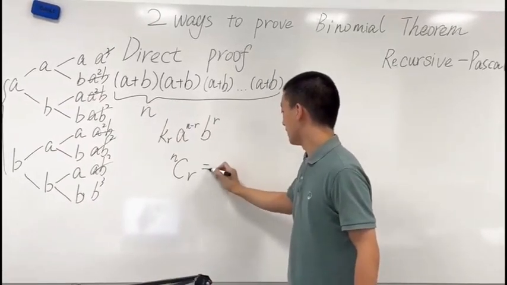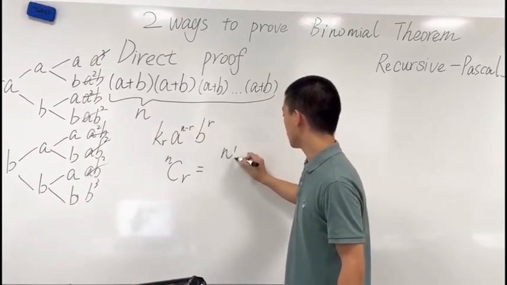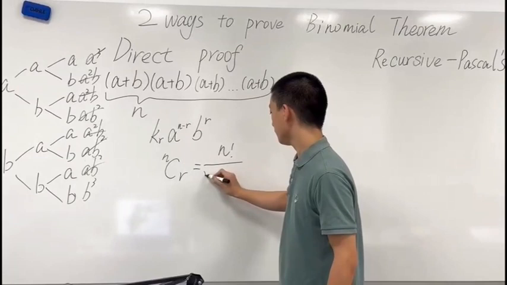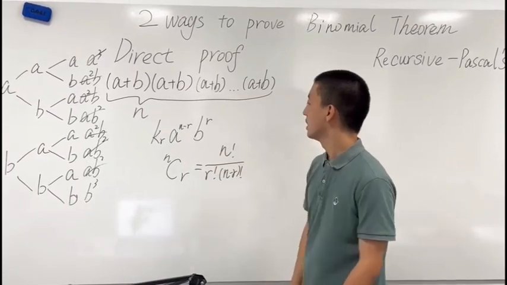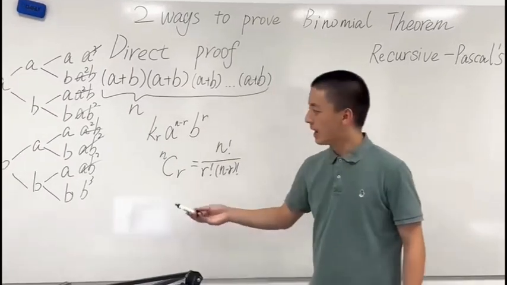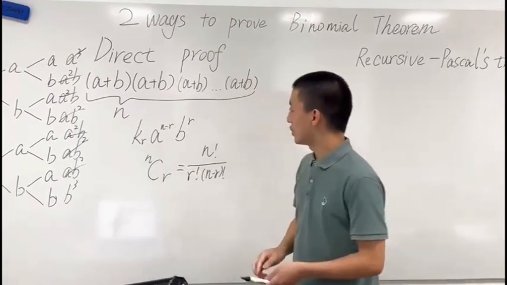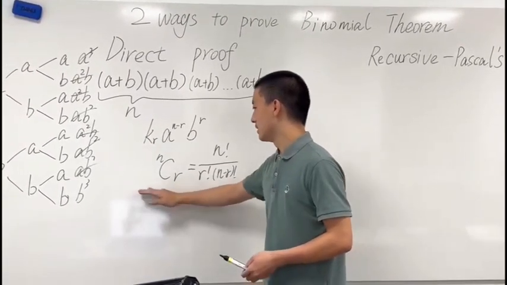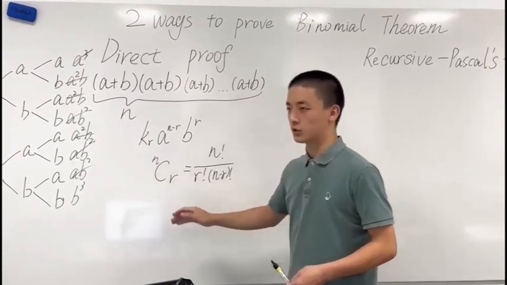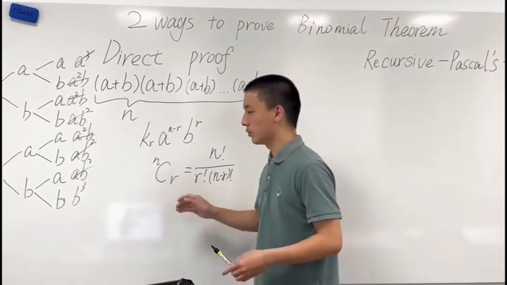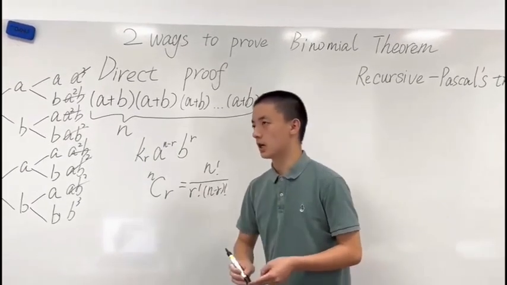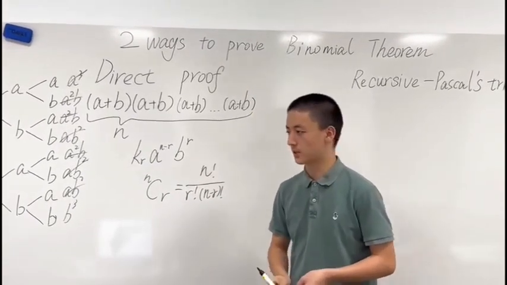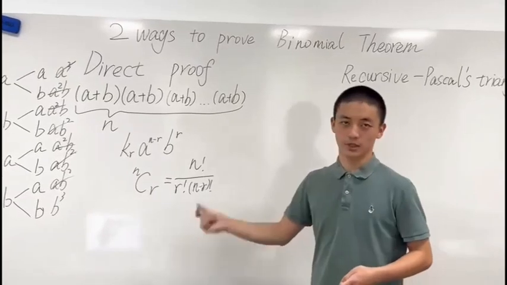So that's why we can use nCr to calculate the coefficient, and also why nCr is not only related to the coefficient, but also related to combination and permutation. So it's really interesting, right?